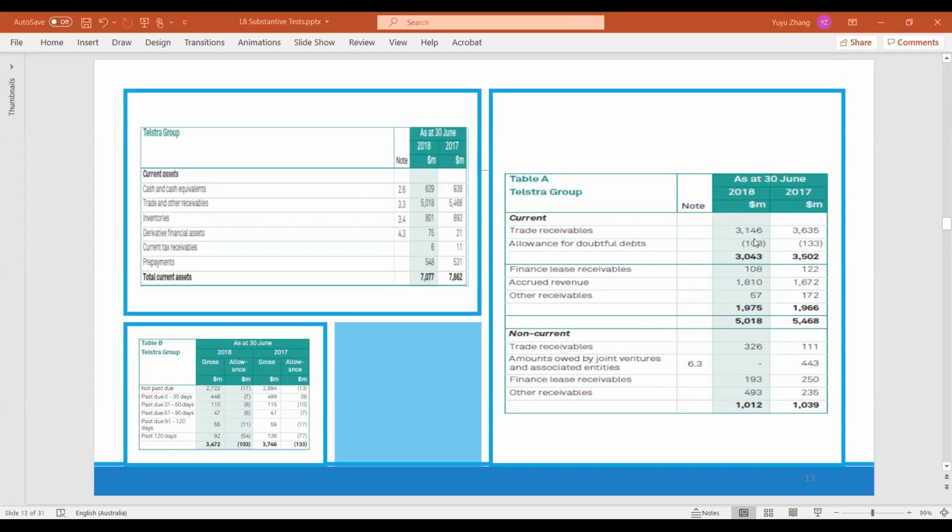Apparently the companies do have the incentive to, no, not decrease, but sometimes they may have the incentive to reduce the amount for the trade receivables. So the information here would explain a little bit about the decreased amount for trade receivables.